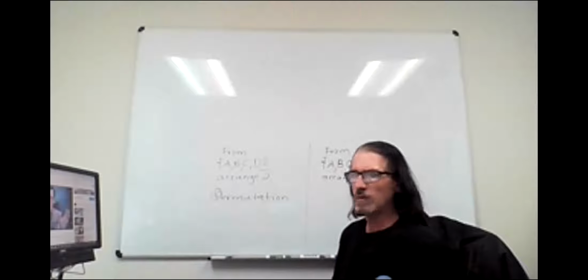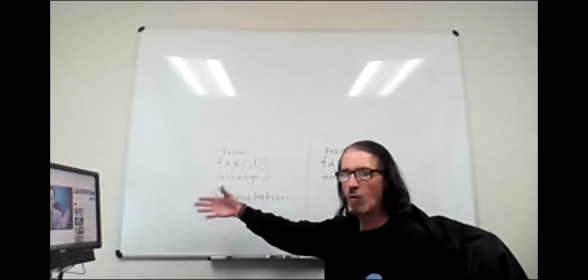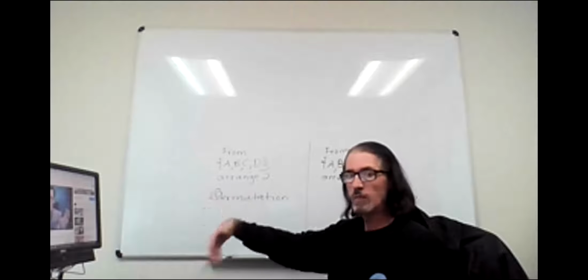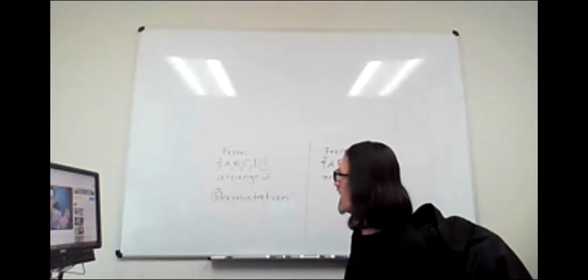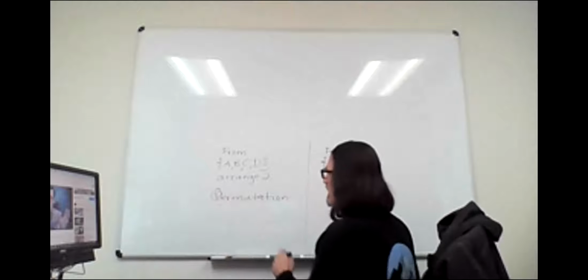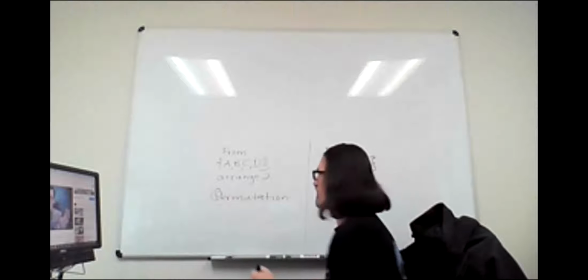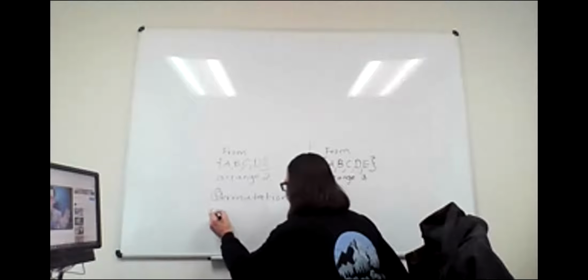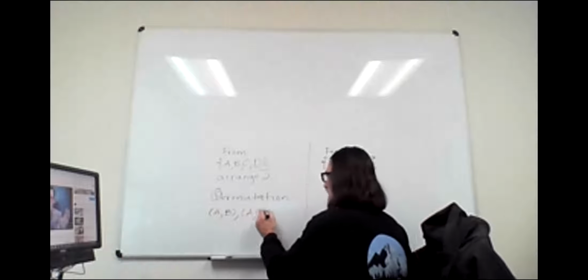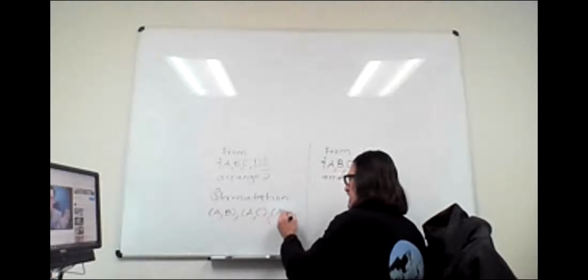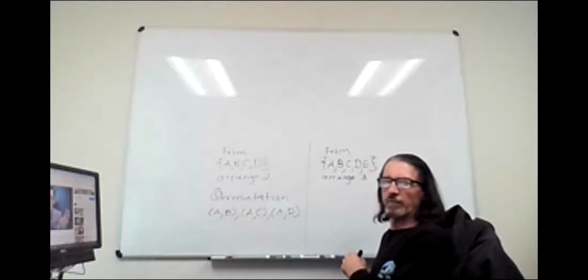I think of permutations, order. You've got O for order and P for permutation right next to each other in the alphabet. And if I didn't know about the multiplication principle, I could put these as ordered pairs. Here's all the ways that A could be the leader of the 2.